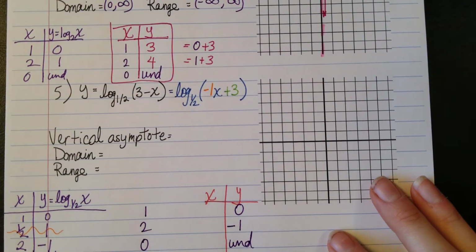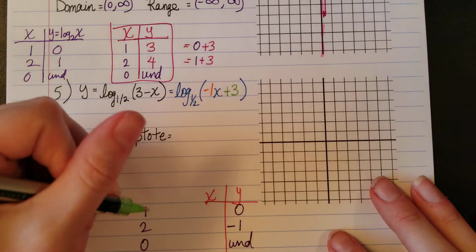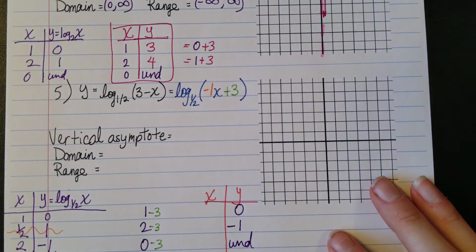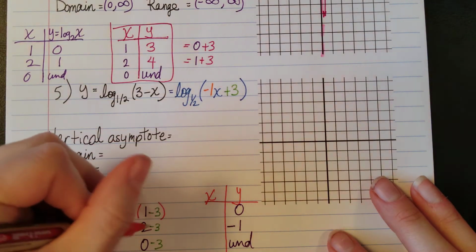Now with the x's, remember everything that we do to the x's is reversed from what it looks like. So what we're going to do with the x's is first subtract 3, then divide by -1.